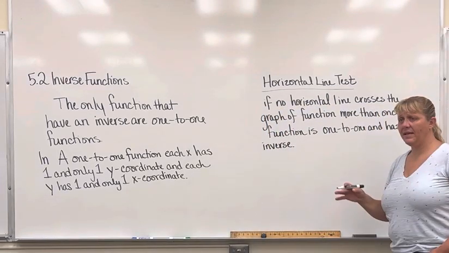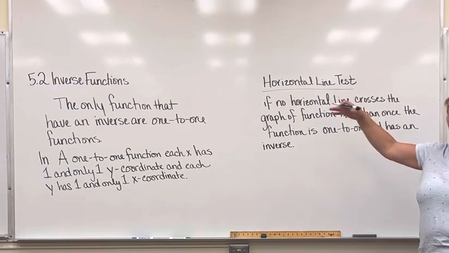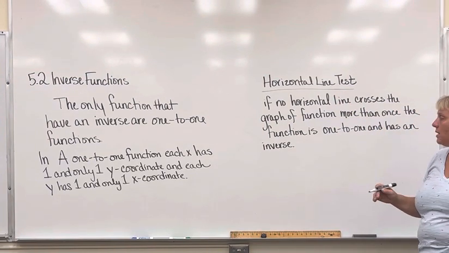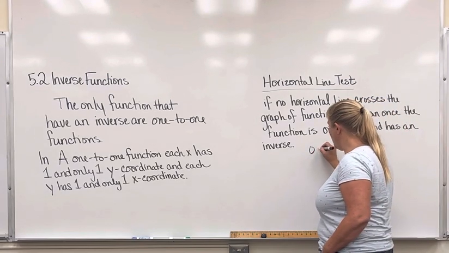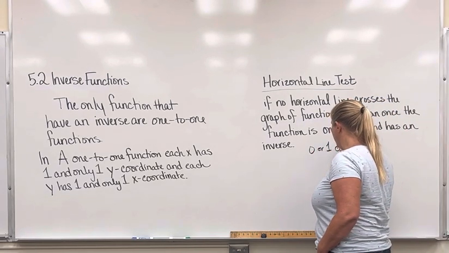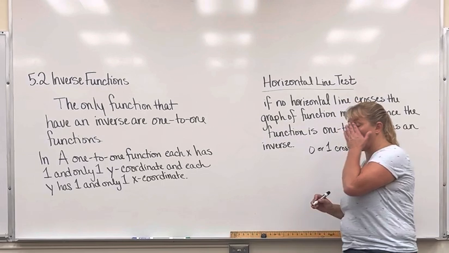So basically it's the same idea, written in the negative: a horizontal line can cross the graph 0 or 1 times. So 0 or 1 cross is okay.